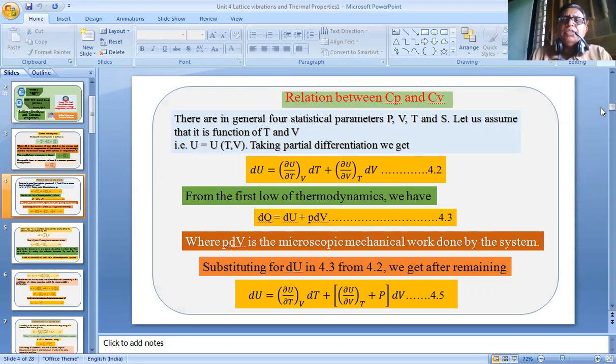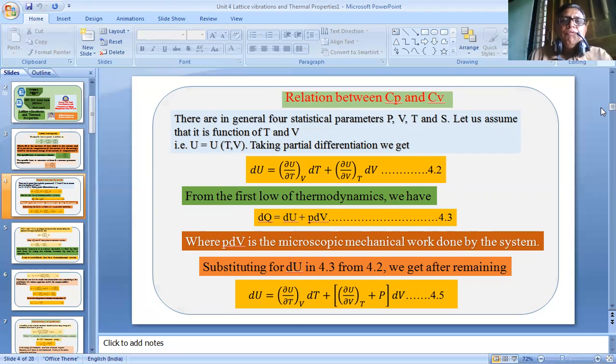Taking the partial differential, we get dU is equal to (delta U upon delta T) at constant V delta T plus (delta U upon delta V) at constant T, that is temperature, delta V. This is equation number 4.2.